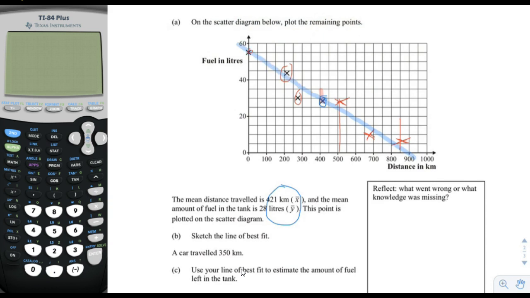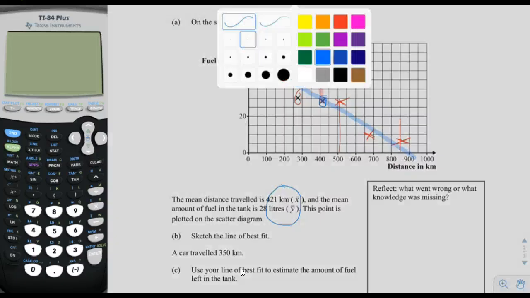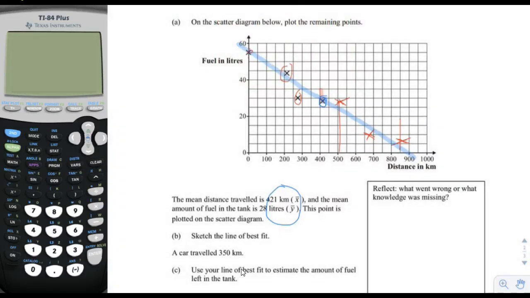Okay, and the rest, the angle of it needs to be such that it's got about the same number of points above and below. So that's what it's going to be like. You're going to do it with a ruler on your test. That's how you're going to get full points. You're going to draw it through the mean point, and you're going to draw it with a ruler, and it's going to follow roughly the pattern of the points you got.